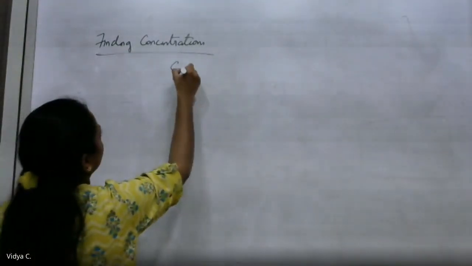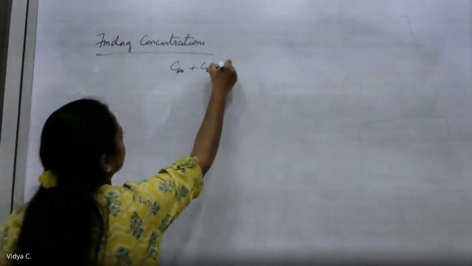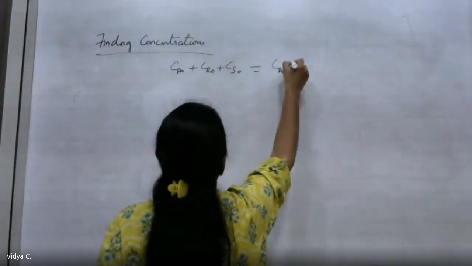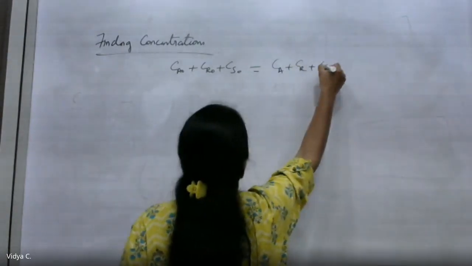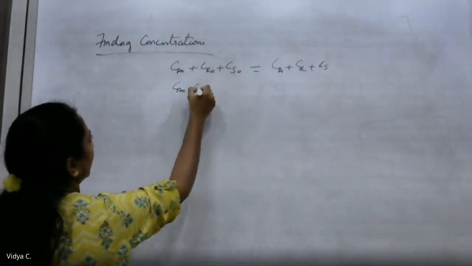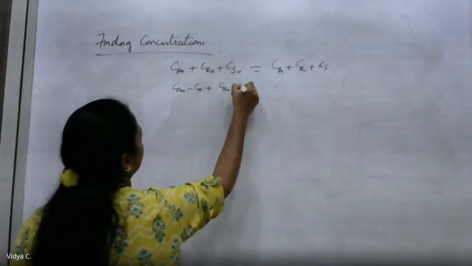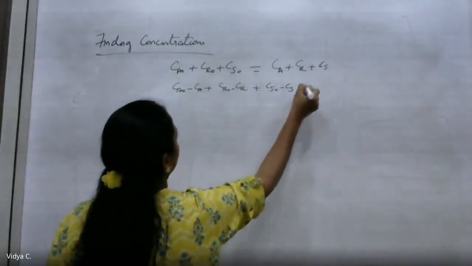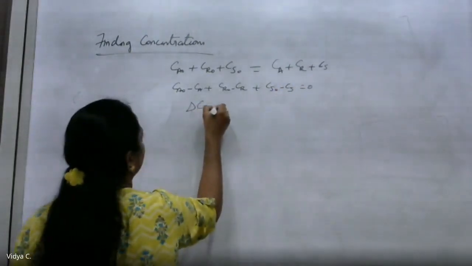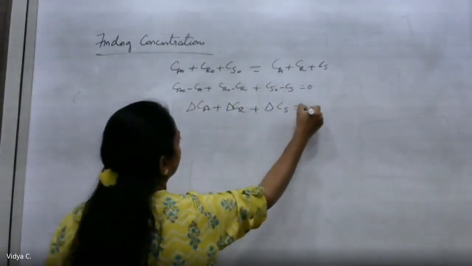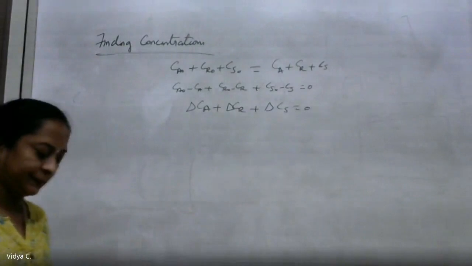So we know Ca naught plus Cr naught plus Cs naught, whatever is taken should come out as Ca plus Cr plus Cs. Okay. So if we take Ca naught minus Ca plus CR naught minus CR plus CS naught minus CS, this will be equal to 0. So I can write delta CA plus delta CR plus delta CS will be equal to 0.